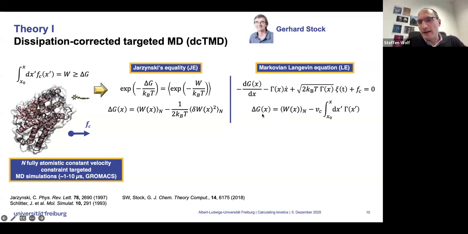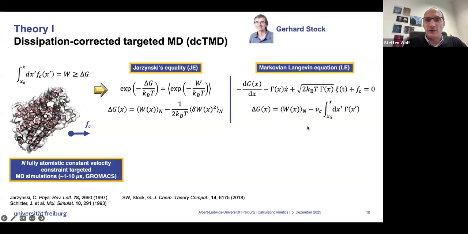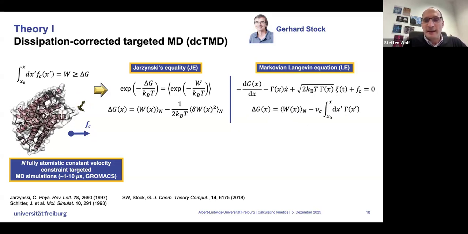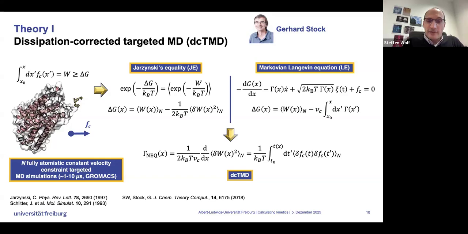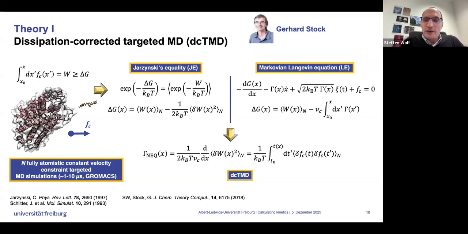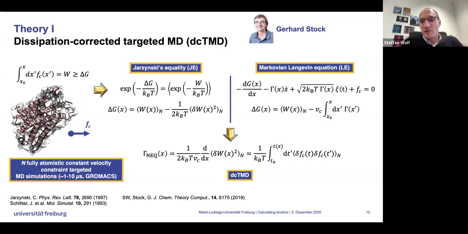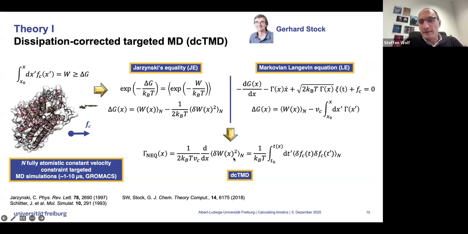Now, if we compare the right side equation with the one in the middle here from Jarzynski's equality, we can identify that there is a possibility to calculate a friction factor directly out of these non-equilibrium simulations, which corresponds to the first derivative of the work variance in the ensemble of simulations with respect to the position along this unbinding distance x.